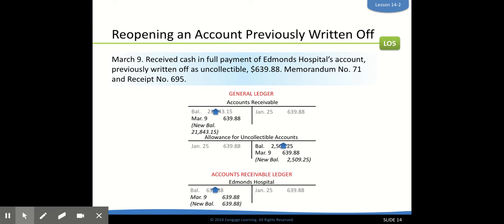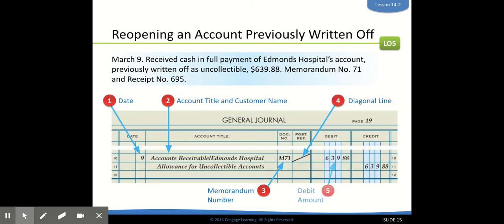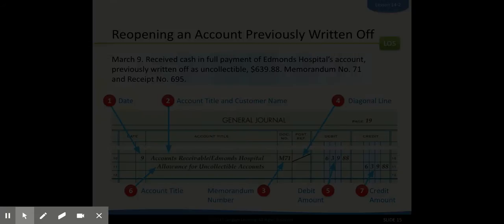And then we credit allowance for uncollectible accounts to take it out of the expense. It is flipped. We have to undo what we just did. So flip them: accounts receivable debit, allowance for uncollectible accounts credit.